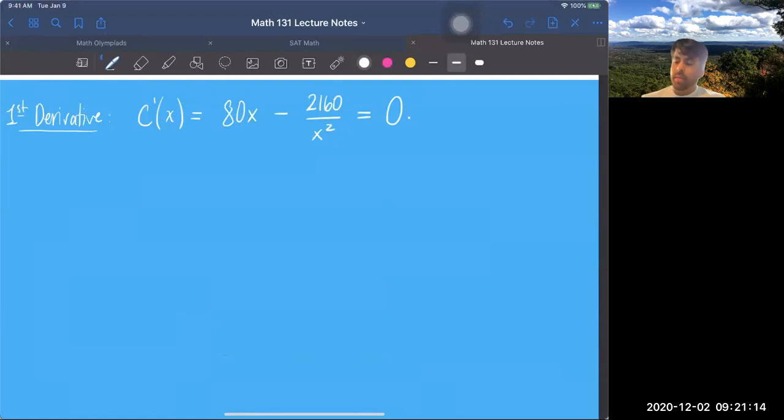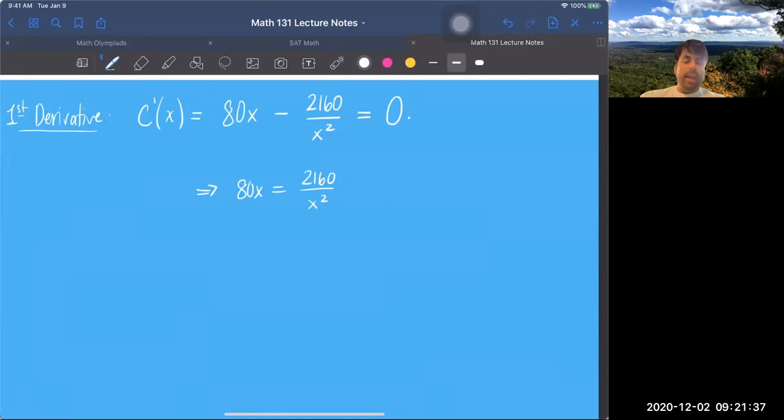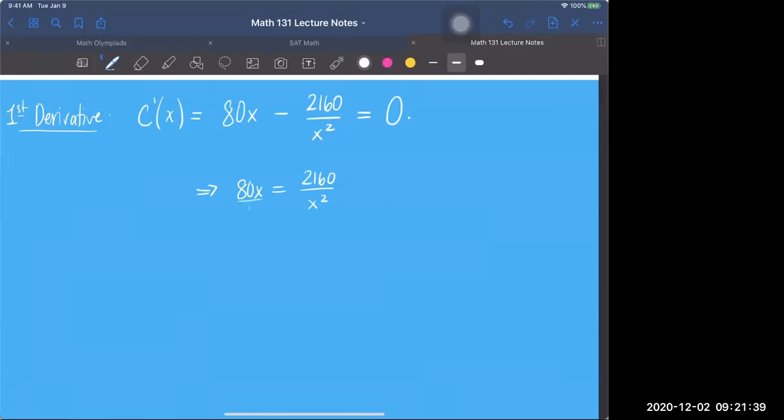Yeah, we could do that. So this becomes 80x equals 2160 over x squared. And then what? Could you cancel the x, or no? No, we can't cancel the x. We're going to actually cross multiply.